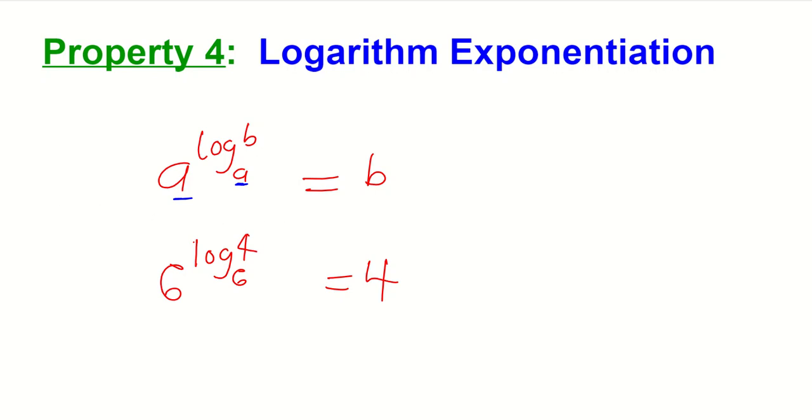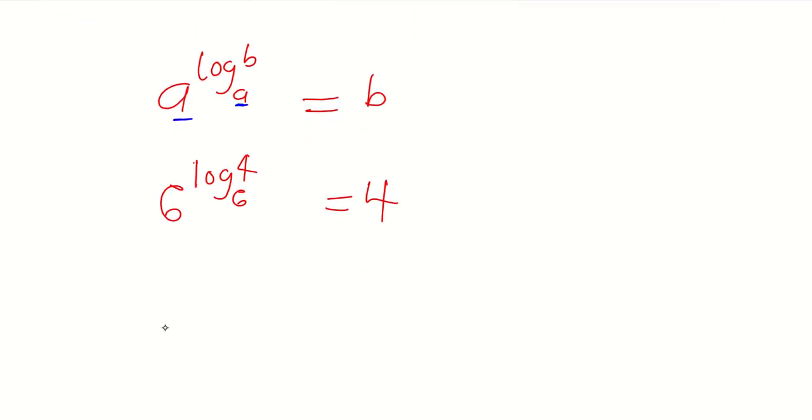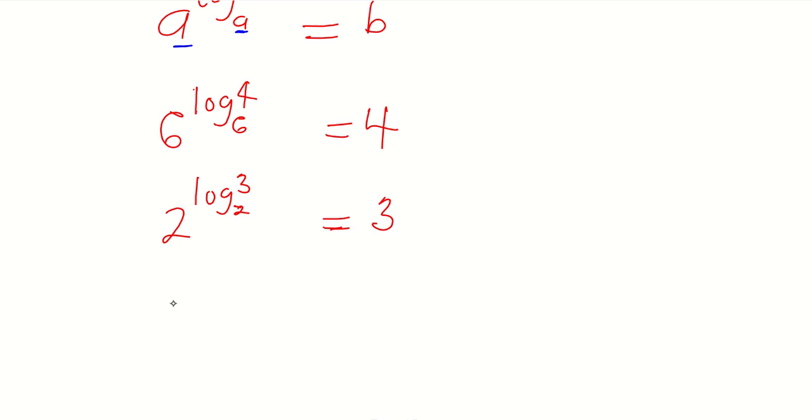Now we can also think of an example like 2 to the exponent logarithm of 3 to the base 2. Just like you guessed, the answer is going to be 3, because we have 2 here, you have 2 here, and our answer is now 3. Now let's try whether you'll be able to identify the correct answer.